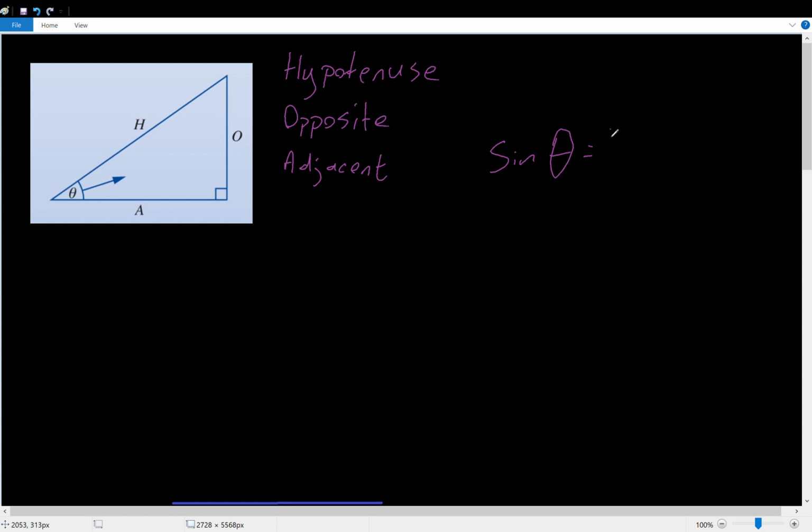So it's O over H, like that. And the next we're going to look at is the cosine, which we write as cos of theta. And that's what you get when you put the length of the adjacent side, the A side, over the length of the hypotenuse, the H side. So that's A over H.